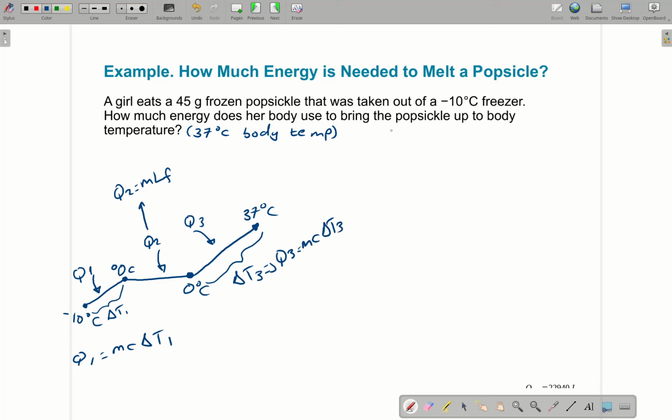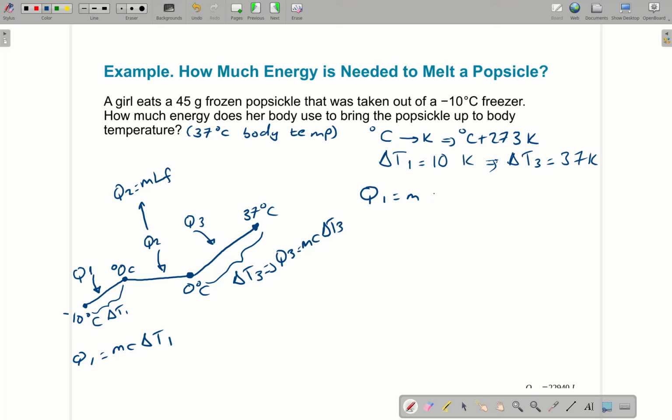Now I'm going to convert Celsius to Kelvin, by saying Celsius plus 273 Kelvin. But I'm going to take a shortcut here. I know from Celsius to Kelvin, delta T's will not change. So delta T1 will still be 10 Kelvin. Final minus initial, positive. Delta T3 will still be 37 Kelvin. Use those, input all, calculate all.